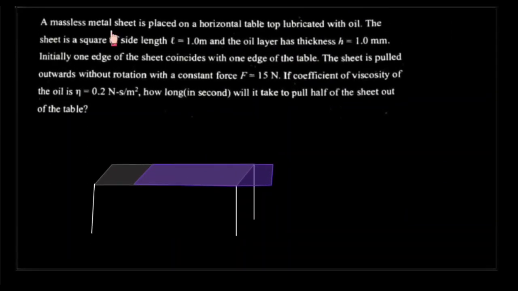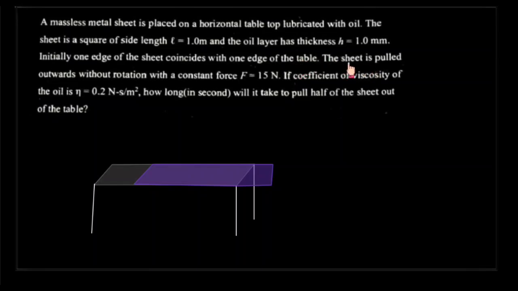Next one: a massless metal sheet is placed on a horizontal tabletop lubricated with oil. The sheet is a square of side length L equal to 1 meter and the oil layer has a thickness H equal to 1 millimeter. Initially one edge of the sheet coincides with one edge of the table.